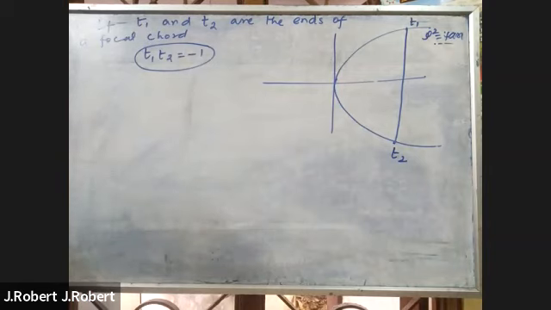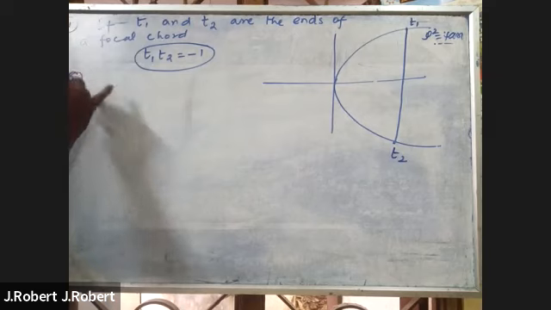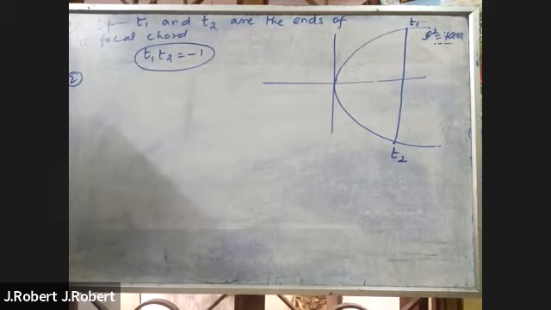The next one: if the normal at the point T1 on the parabola meets the curve again at the point T2.